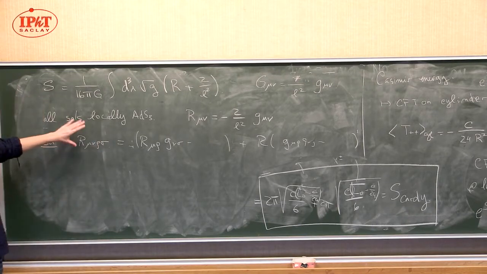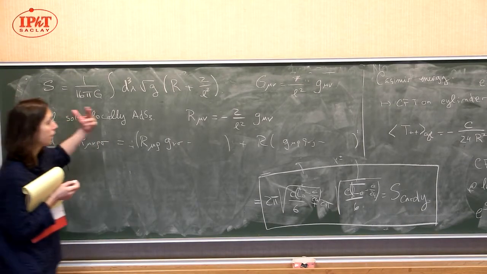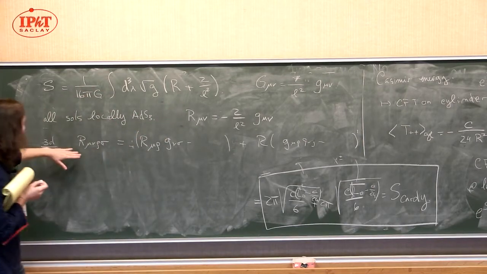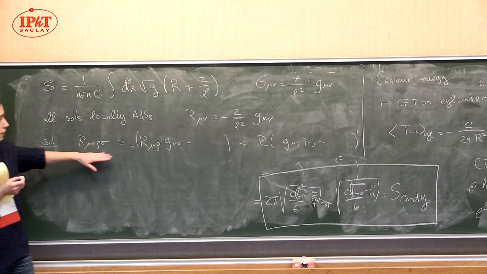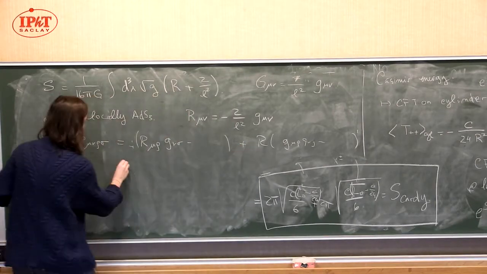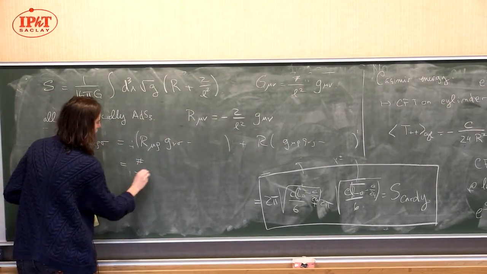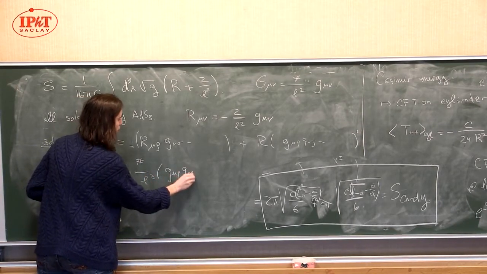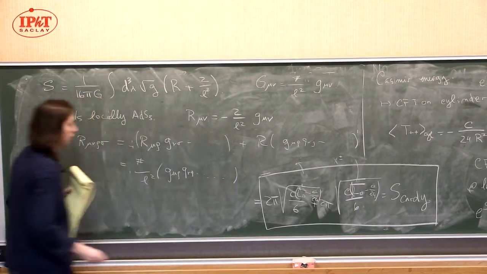Okay, so this being given, if I impose now Einstein's equations, which are like this, it means that the Riemann tensor itself is going to be proportional to some number over L squared times g_{μρ} g_{νσ} minus blah blah blah.